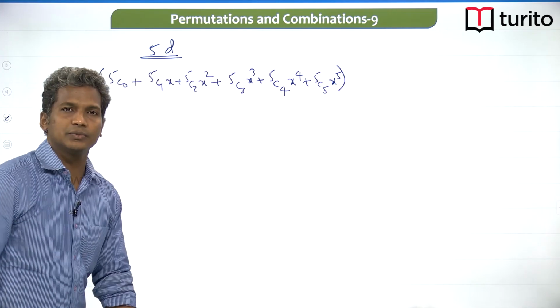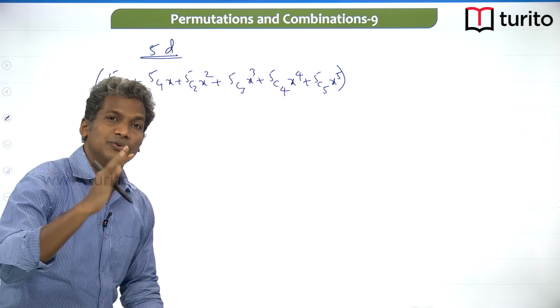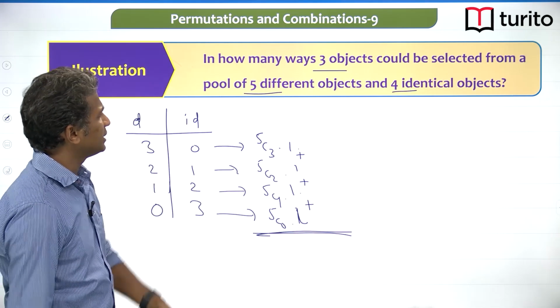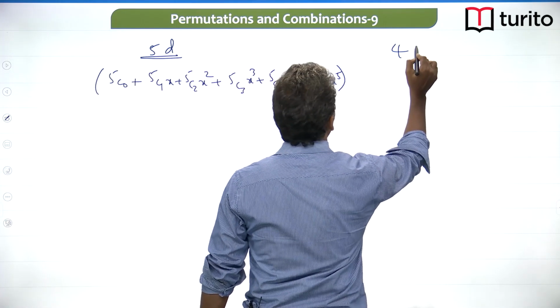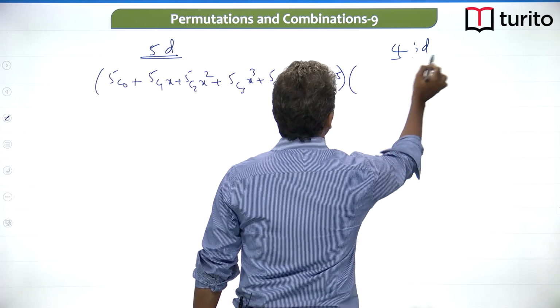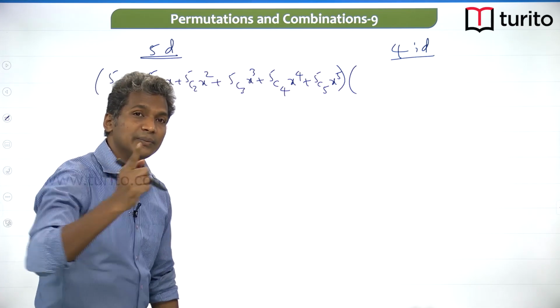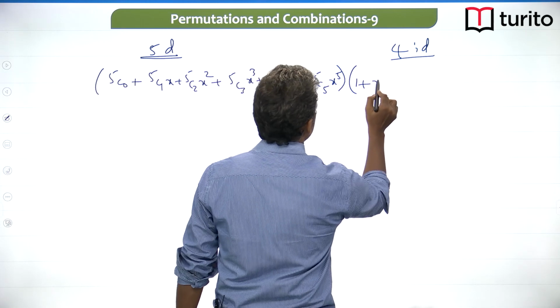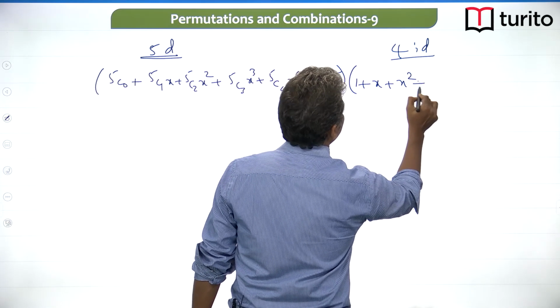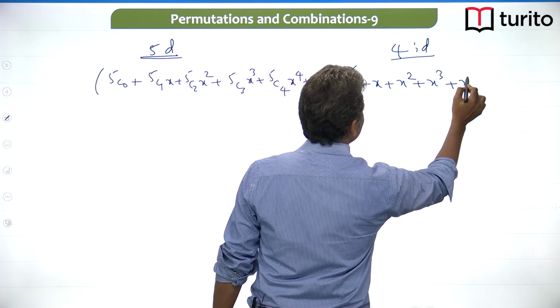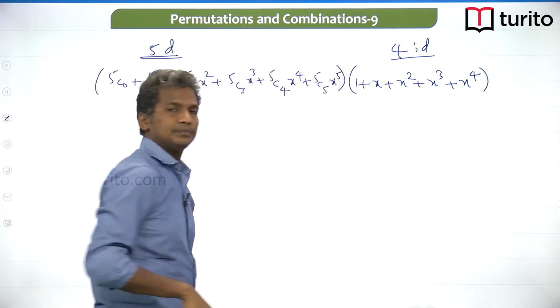Okay, so these are all terms. Now, what about the 4 identical ones? There are 4 identical here, right. So for 4 identical ones, we are going to write the function using the 1 plus x plus x square idea. Okay. So the highest power here will be only 4.